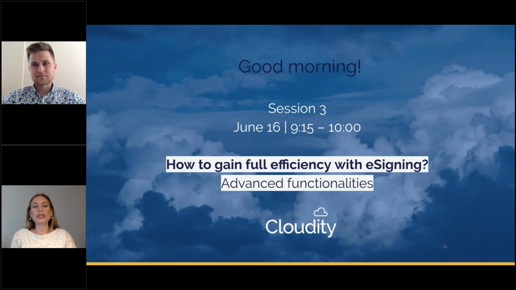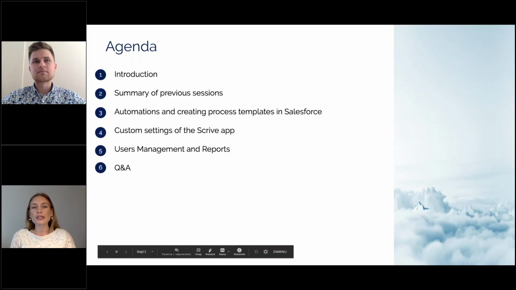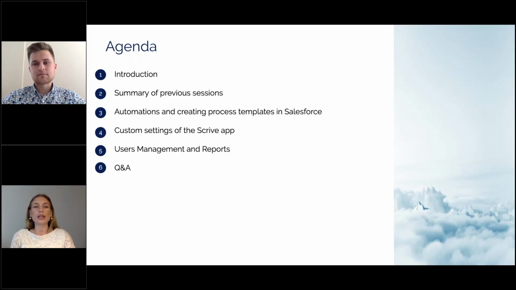So for this week, let's move on to today's agenda and the topics that we will touch upon. We will start with a short introduction, and then Michael will show you a step-by-step guide to create the first process templates in order to automate the document flow within your company.